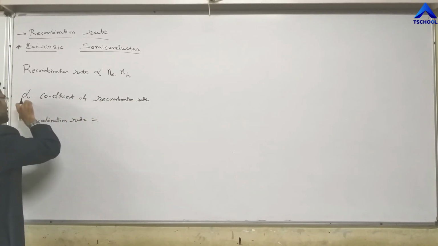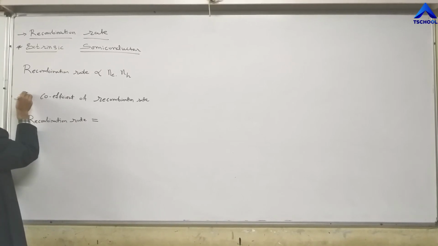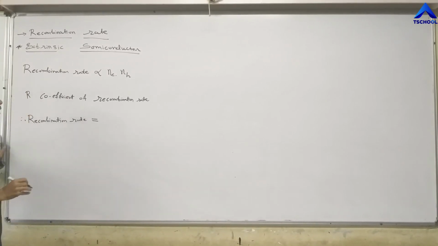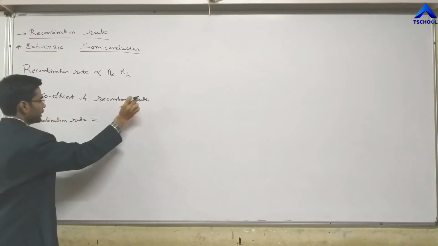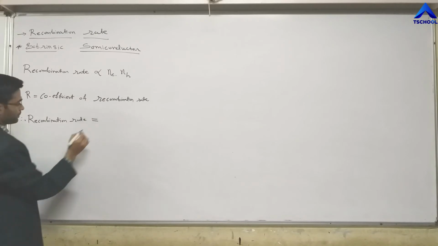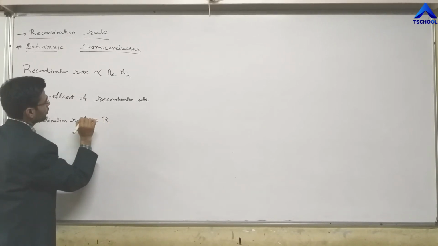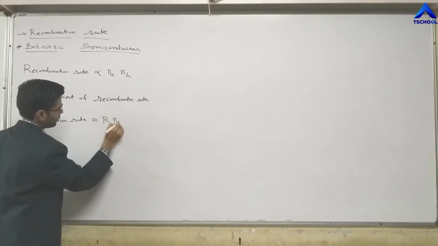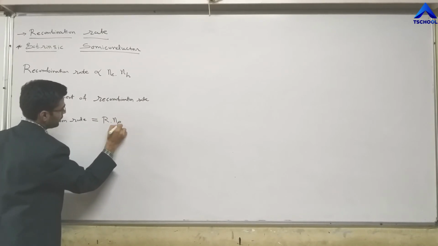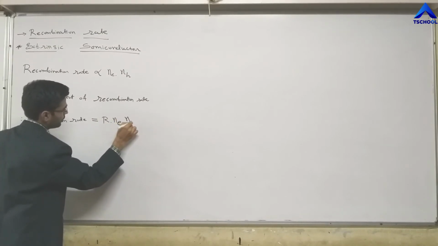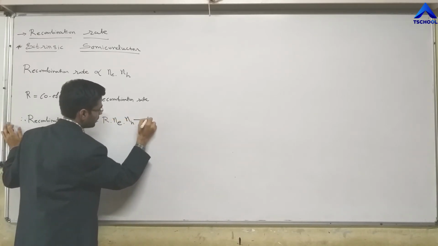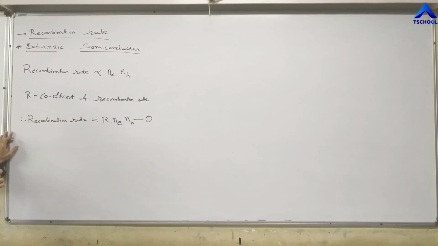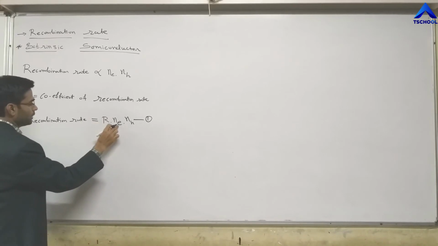If we remove the proportionality sign, then we place a capital R, the coefficient of recombination rate. So the recombination rate for an extrinsic semiconductor is R into Ne into Nh. This is equation number 1.